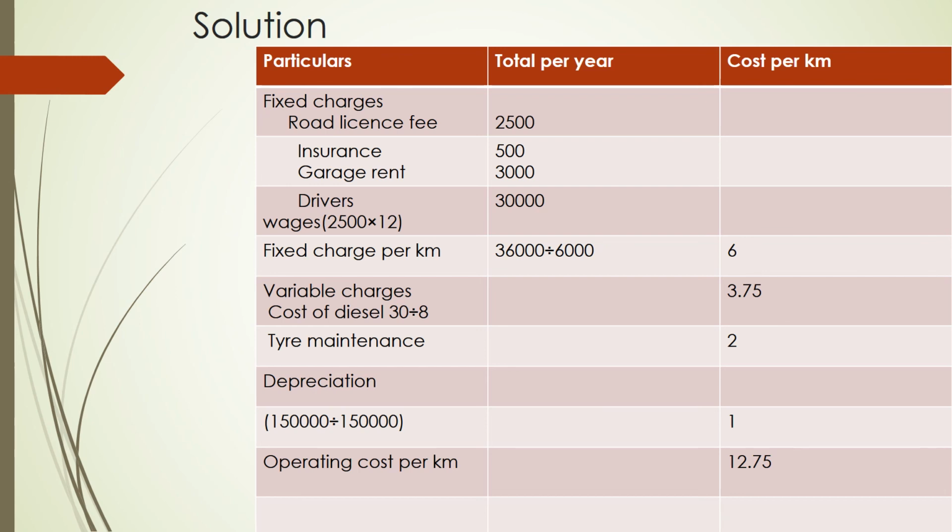And depreciation: the cost of the bus is 1,50,000 and the life is 1,50,000. Depreciation is calculated using the equation cost of asset minus scrap divided by life period. Here 1,50,000 divided by 1,50,000 gives rupees 1.